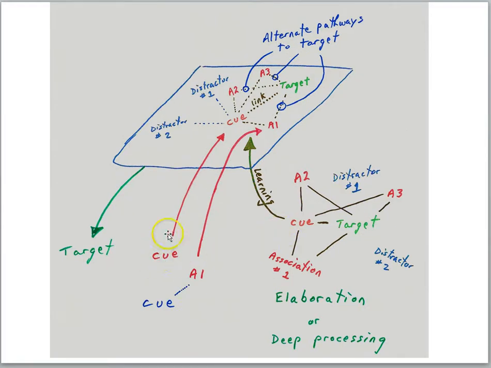In addition, while the test might be the same cue that we were studying, what if the test has a different cue, right? It's not the same cue that was the focus of our concept map. It may be something else, but now we have a better chance than if we were only studying the cue and the target. We have a better chance of activating the target because that new cue stands a better chance of being related to some other concept that we used in our concept map.